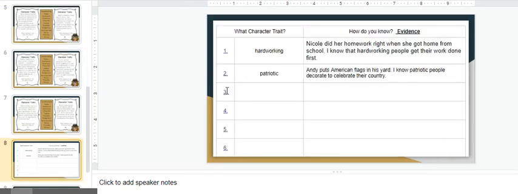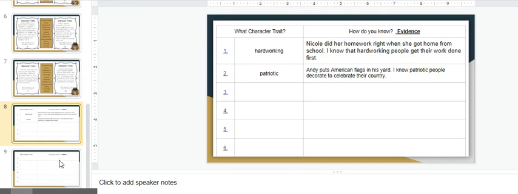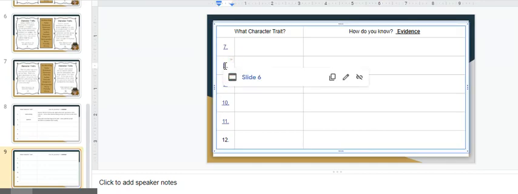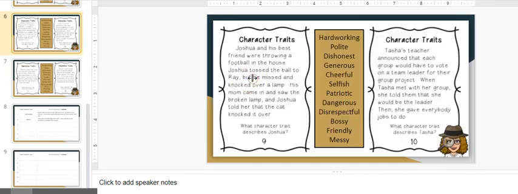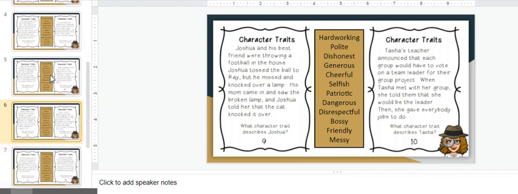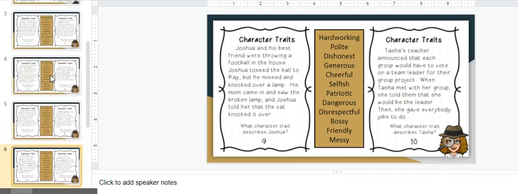But you're going to do 3, 4, 5, and 6 on here, and then there's another slide that has 7 through 12. And each time it takes you back to the next slide. So that was 8, and this will take you to 9. Or you can just scroll over here, right? Whichever one you want to do.